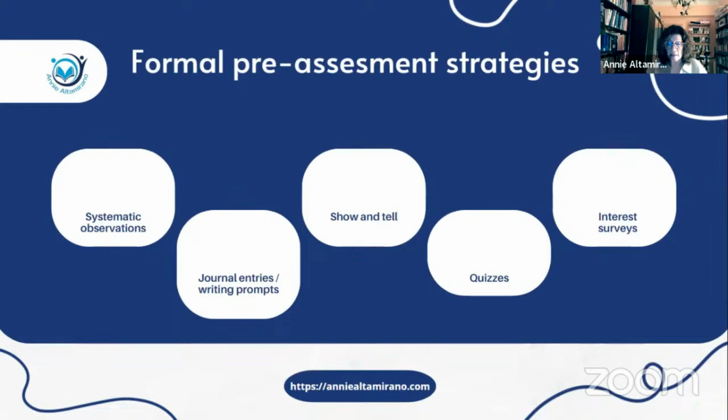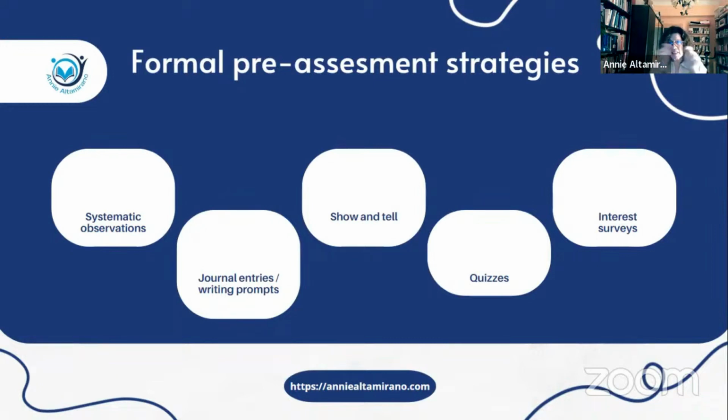Then show and tell. We pose a question and students illustrate and explain what they know about that. This is especially useful with students who find writing difficult, but know something about the topic or the skill at hand. So they can quickly sketch something or tell us what they know. Quizzes, for example, and interest surveys.